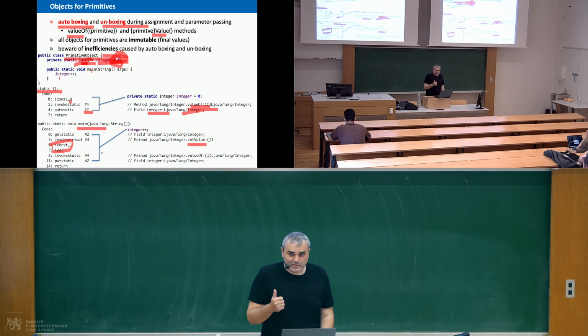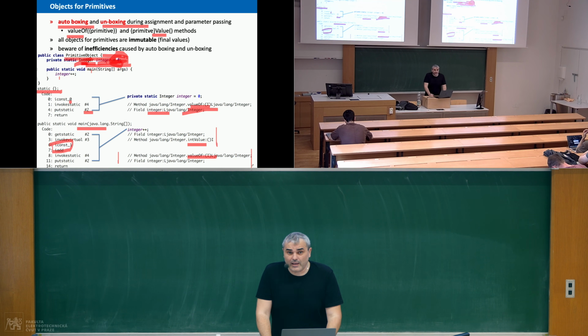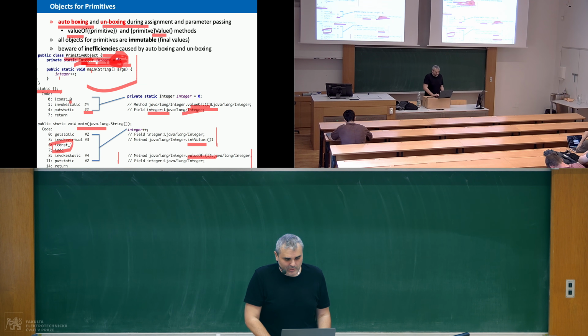And when you have the resulting value, you need to autobox that back to the object. Strange. That's very inefficient. That happens here using, again, valueOf. So this is the process of unboxing. This is the process of autoboxing. And that happens natively without anything. So you have this simple code, but if you look at how it works, it's strange.